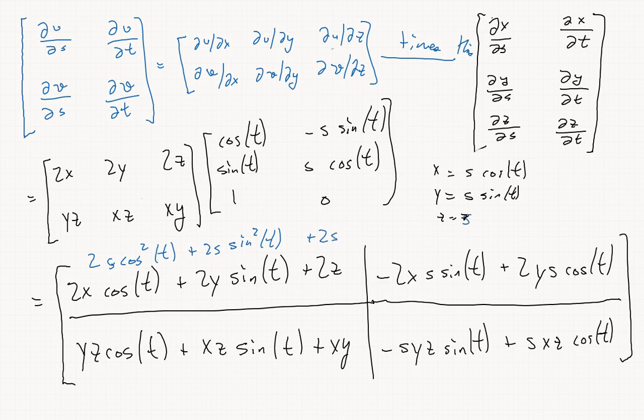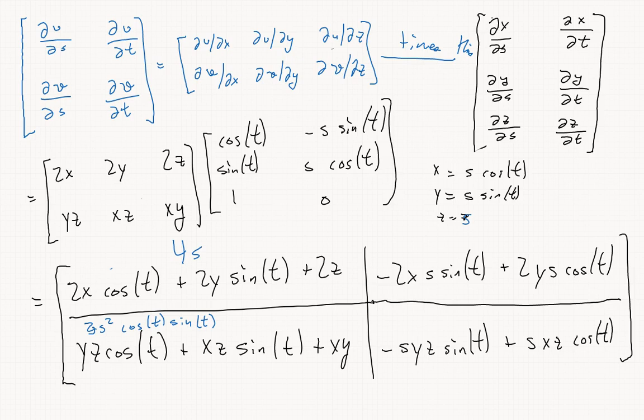So this will actually become just 4s. Then down here we'll have 2s squared cos t sine t plus another, or maybe that's 3s squared cos t sine t. Yes, 3s squared cos t sine t.